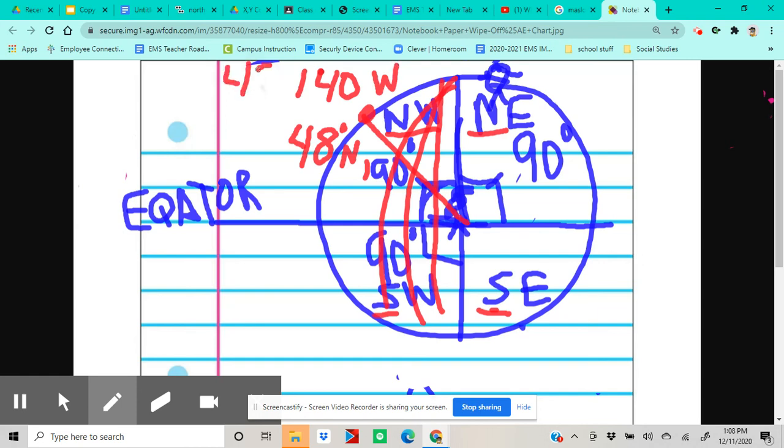So I now have this location, this absolute location, which is also a coordinate on our maps.